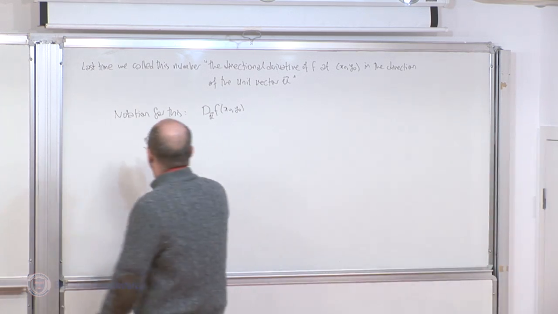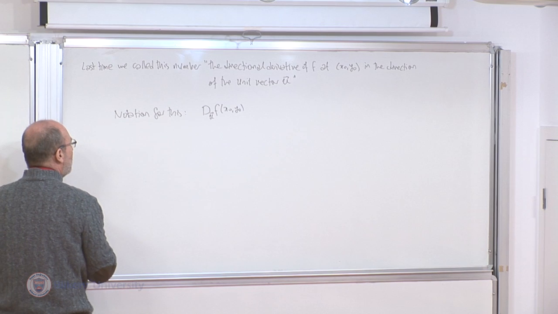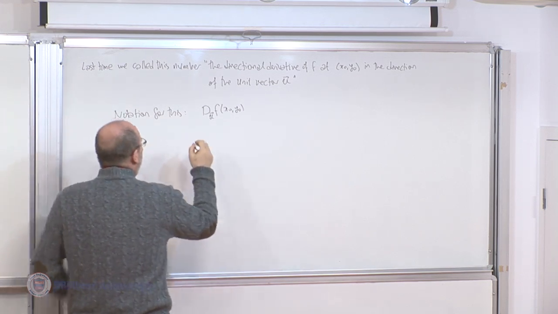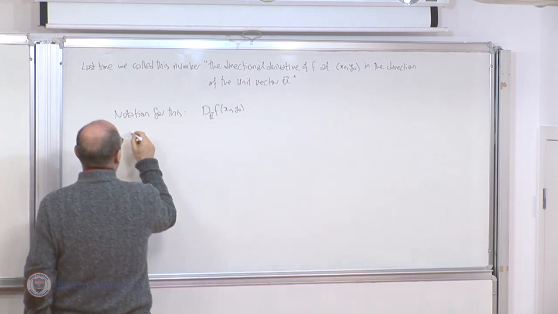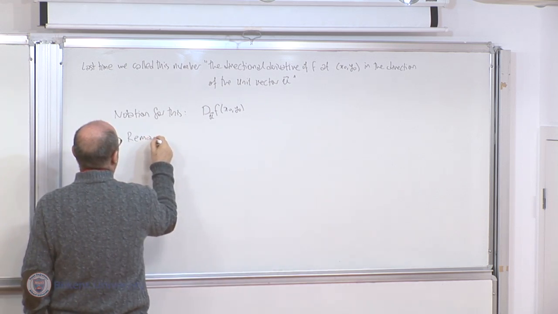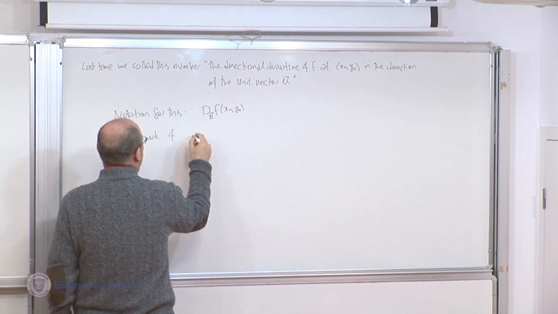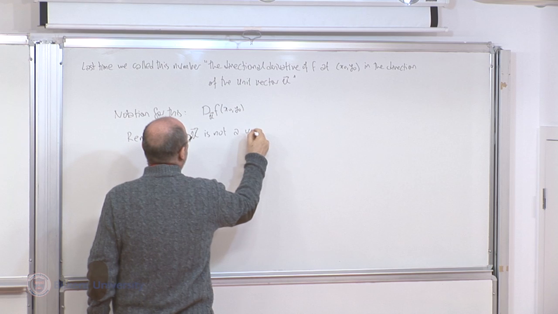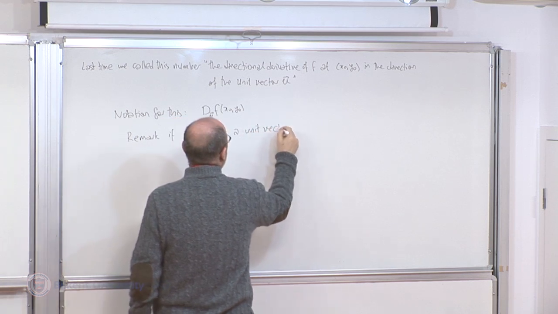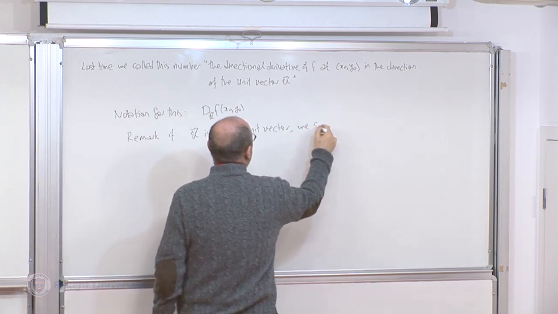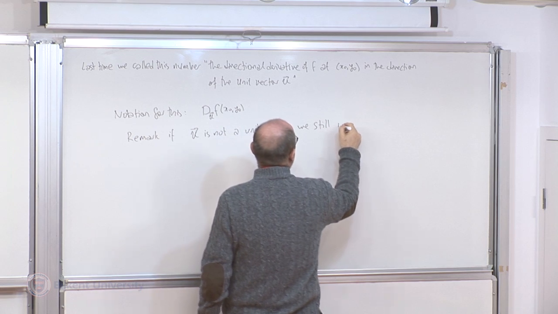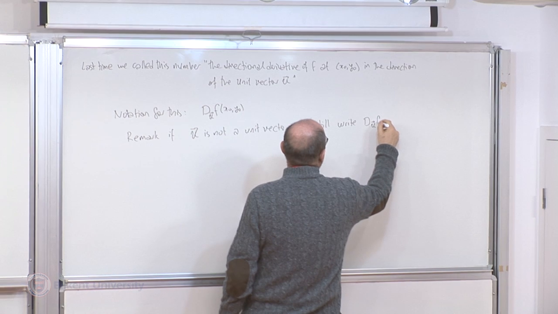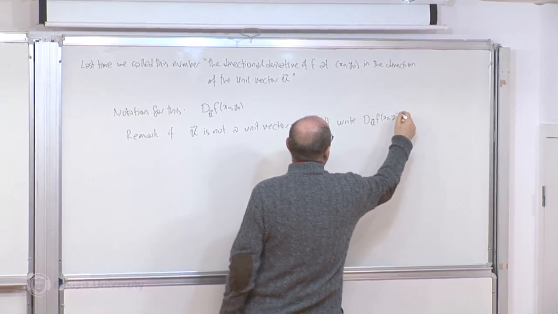We call this in mathematics abuse of language, abuse of notation. Let me make this a remark. If u is not a unit vector, we still write d u f at x sub 0, y sub 0.